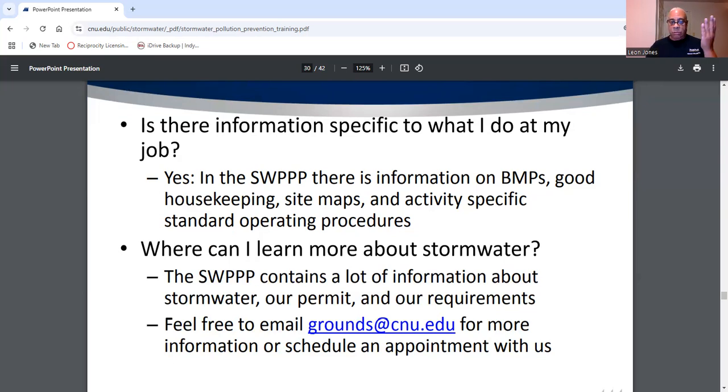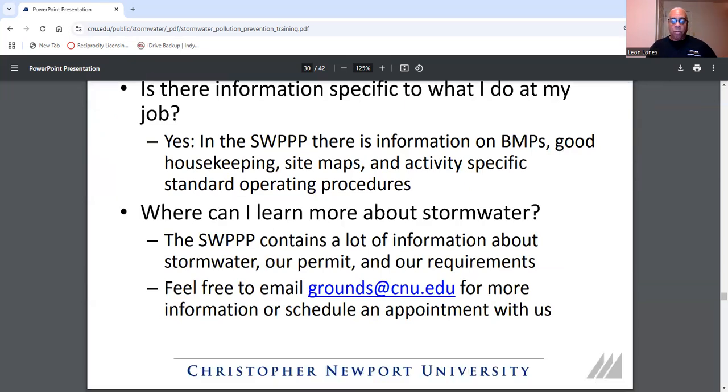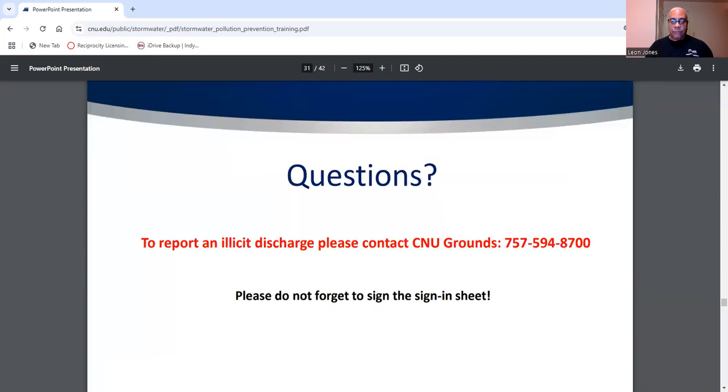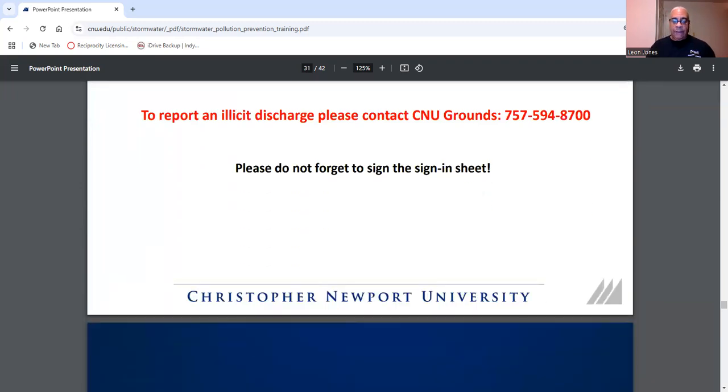Again, utilize this email and you'll get the information. We're the ones in charge of safety, all of us, and of following environmental procedures.